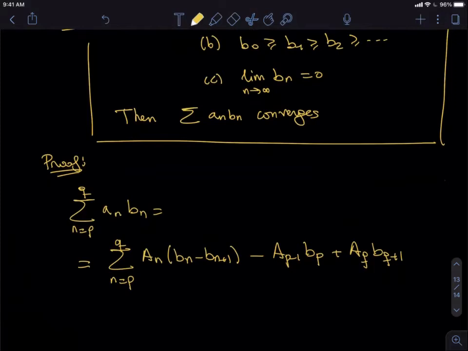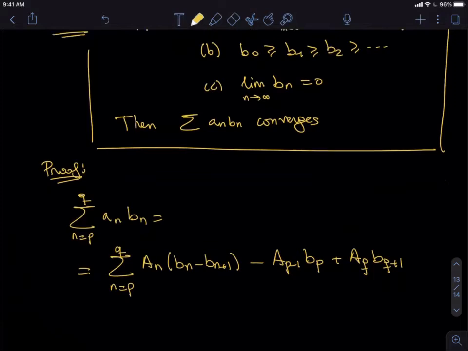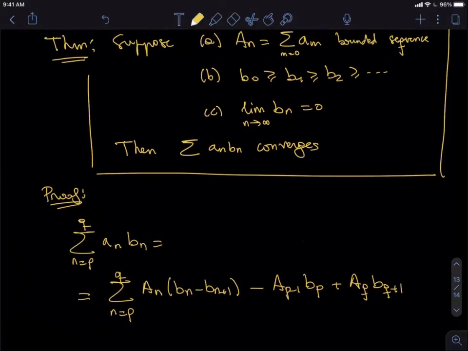So what we are going to do, the general strategy to show that it converges, is to show that the partial sums of this a_n b_n series form a Cauchy sequence. So we are going to see that when we look from n equal p to q, with this p and q large enough but arbitrary, the result is going to be smaller than epsilon for epsilon fixed. That's the general strategy.